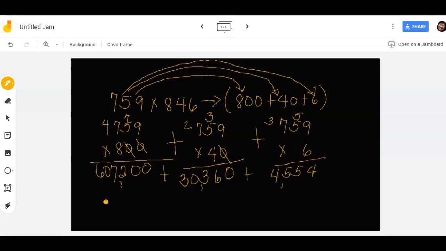The next thing that I would do is add all my partial products: 607,200 plus 30,360 plus 4,554. And I'm going to write them down here. I hope my space would be enough.